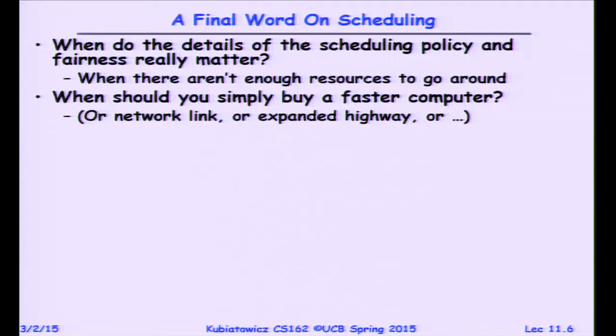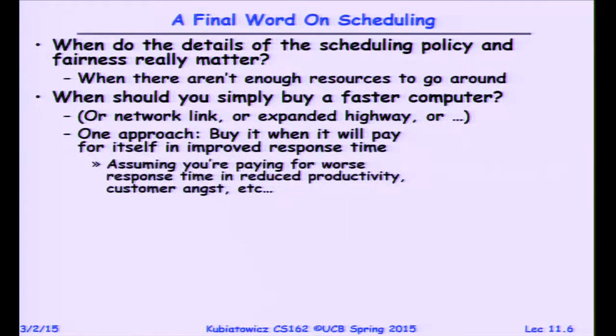We keep expanding the number of lanes on our highways here in the Bay Area to try to deal with throughput problems, because the queuing delays are bad, and no scheduling algorithm you can come up with on our highways is going to help. So one approach is you buy it when it's going to pay for itself in improved response time. This is sort of an economic argument you could get into.